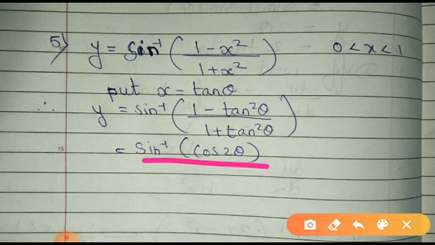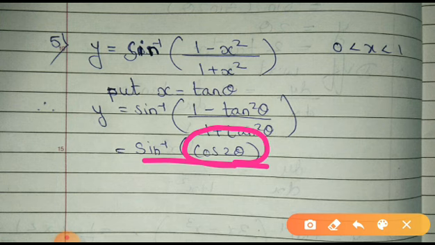But do you have any identity for sine inverse of cos 2 theta? You have not learned. Okay, you know sine inverse of sine x is x. So can I write cos 2 theta in terms of sine? Sine and cos are complementary ratios. Okay, so is cos of 90 minus theta equal to sin theta?